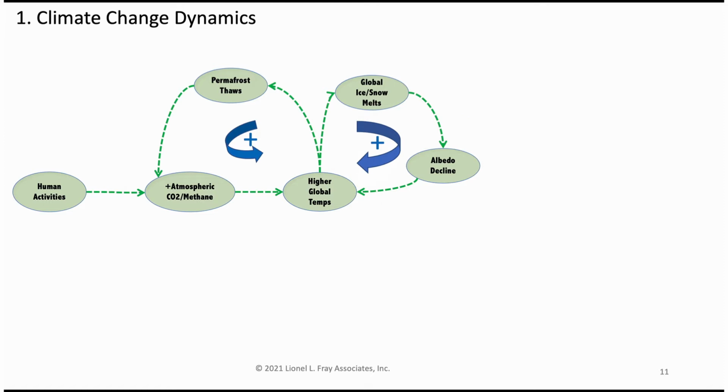Yet another such pattern occurs when the warmer air warms the ocean, causing more evaporation of water vapor, which causes more absorption of energy from the sun, and we have the ocean warming cycle.